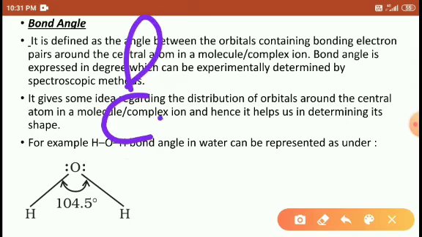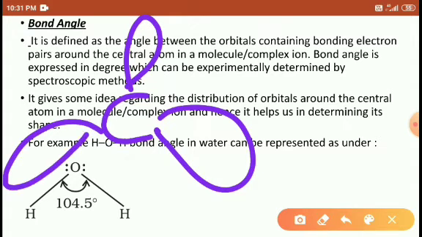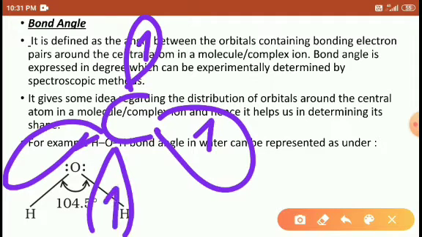The probability of finding an electron is present in a region called an orbital. Right, students?